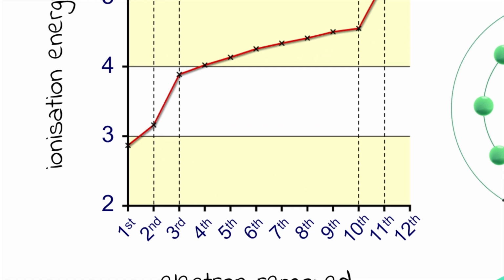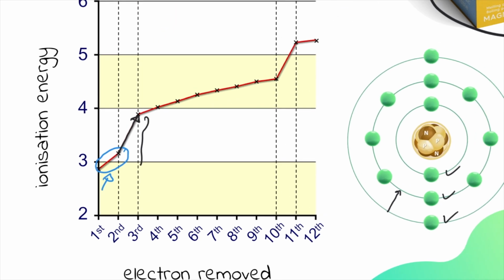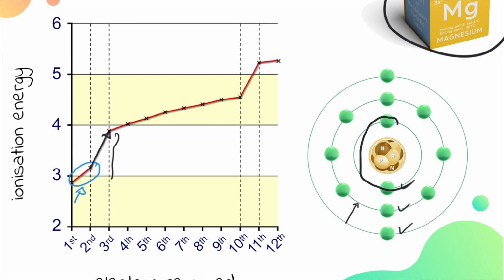So in magnesium, I have 2 valence electrons. Those are the ones that have the least amount of ionization energy. Then once I move to the inner shell, I have this jump. Then when I move to the innermost shell, which is like the center, I have another jump here.